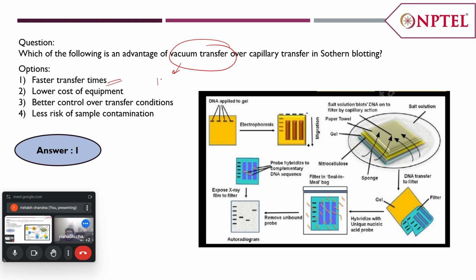It takes around 14 to 20 hours to transfer the DNA from the agarose gel to the blot, and capillary transfer takes more time, around 24 to 30 hours. So to decrease the time of transfer and maintain its nature, vacuum transfer has more advantages over capillary transfer. This is the typical southern blotting technique that is shown here. Any doubts?